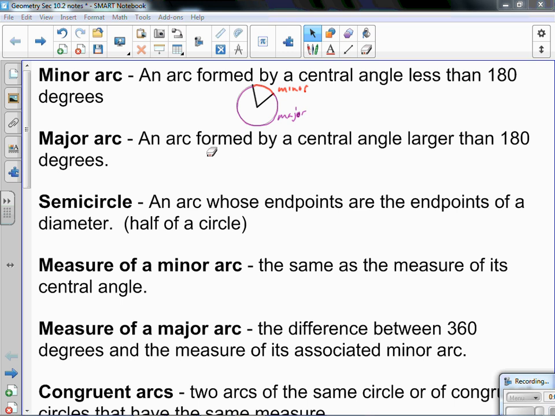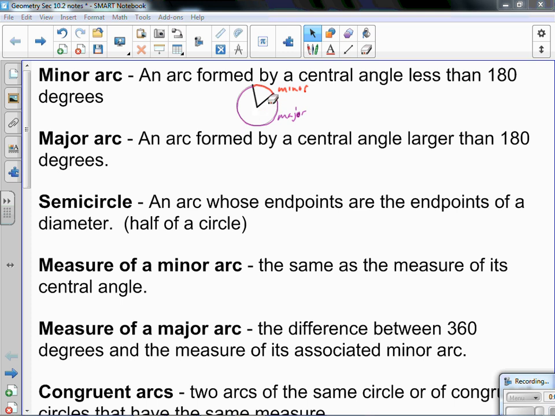And then an arc formed by a central angle larger than 180 degrees is a major arc. So when we look at this angle here, on this side it's an acute angle, and on the other side, if we look at this as being 360 degrees, this is a whole lot more than 180.